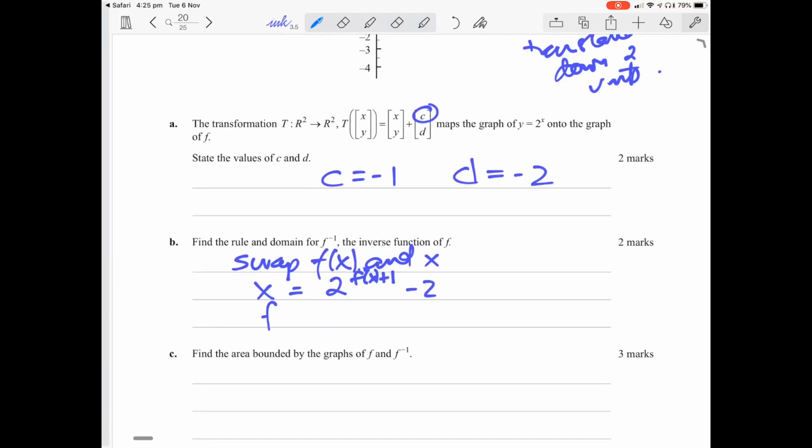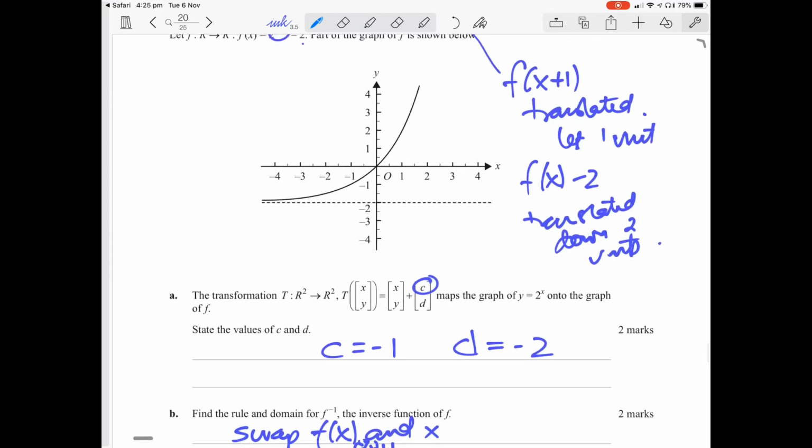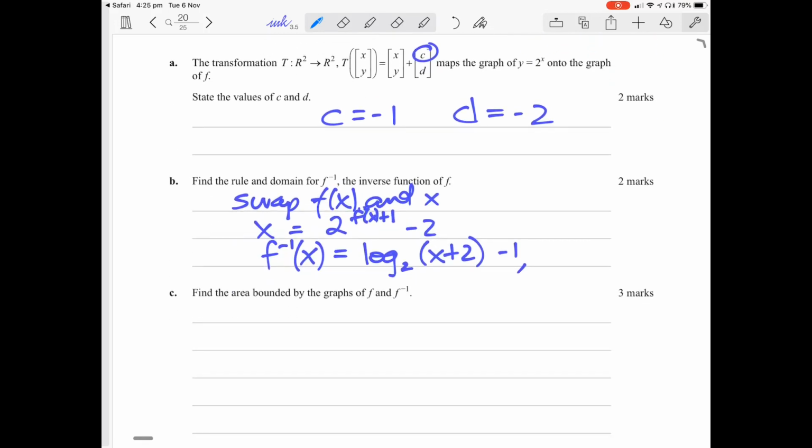So f inverse of x is therefore log 2 of x plus 2, minus 1, because bring that across, it becomes x plus 2, then log 2 it, and then subtract 1. Now, if the domain of f is all real values, but our range is negative 2 to infinity, then the domain of this is going to be negative 2 to infinity, but it won't be equal to.